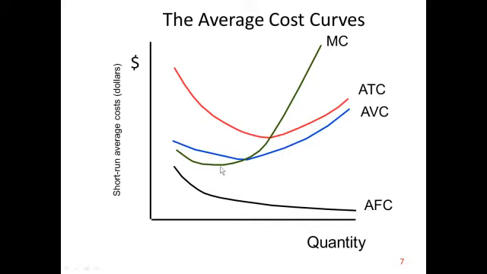So even in this little range here where marginal cost is beginning to rise, its value, read off the vertical axis, is still less than the average, so the average is falling. So these two curves will intersect at the minimum of AVC. And after that, of course, marginal cost is greater than the average, so the average begins to rise as well.